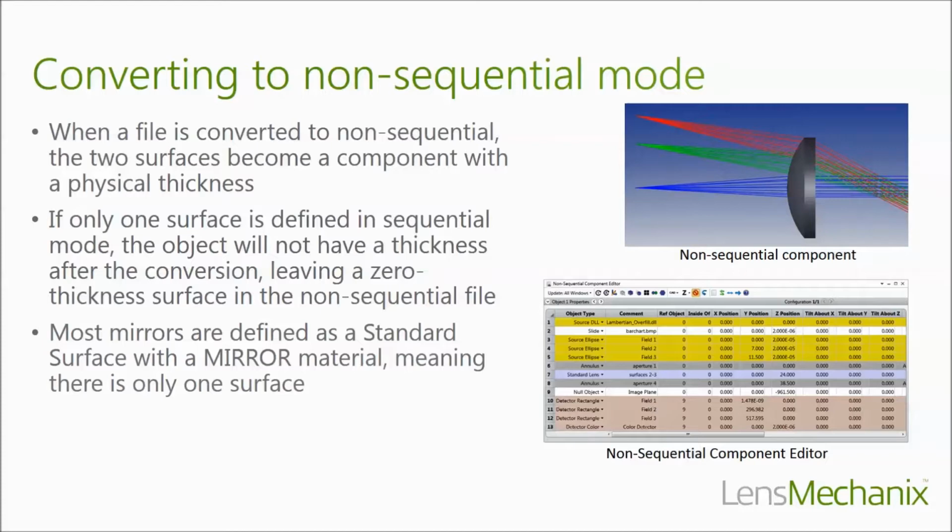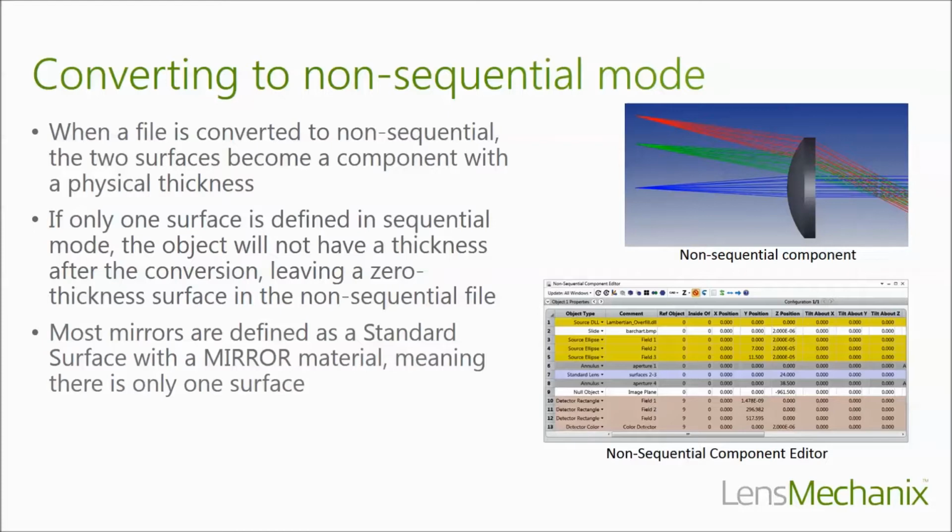If you've tried loading OpticStudio files that have a single surface as a mirror, or just any single surface that doesn't have a thickness, then you've probably seen a message in the beginning that warns you that you are getting this component, but it's still not a realistic representation of the system.